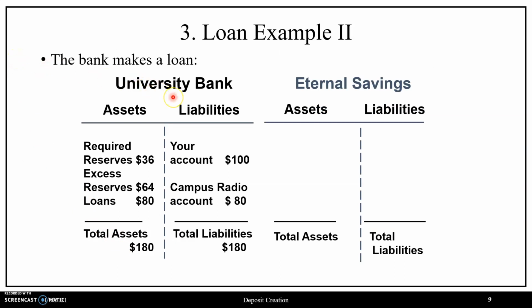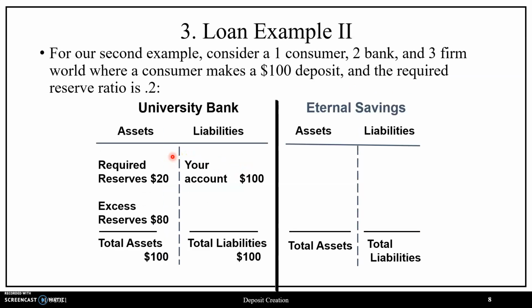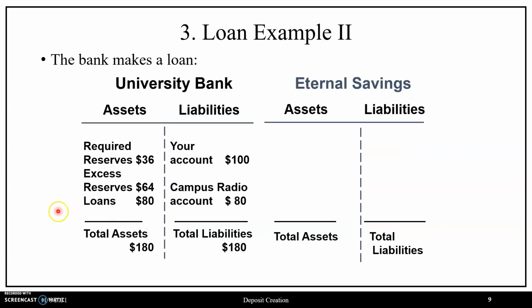So looking at University Bank's T account, they have $100 in terms of liabilities in terms of the credit on the consumer's account. Their excess reserves from our deposit was $80, so they're capable of making an $80 loan, which they make to Firm 1, Campus Radio, in which Campus Radio then gets a credit to their account, which must be paid to Campus Radio, and Campus Radio also now has an IOU to the bank in the form of the $80 loan, which shows up as an asset to the bank.